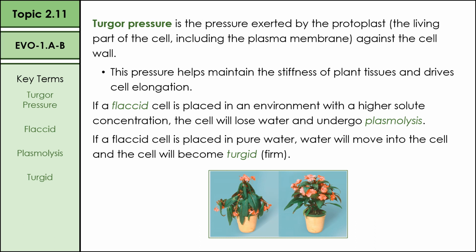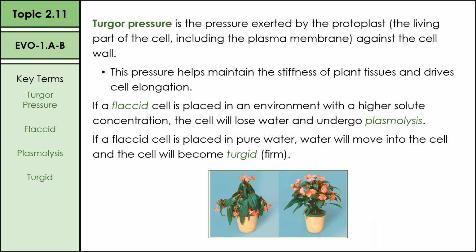Turgor pressure is exerted by the protoplast, so the living part of the cell, the cytoplasm, the vacuole that contains all of this water, and then this plasma membrane on the outside. And it is either going to recede from the cell wall or push against the cell wall. And this helps to keep stiffness in our plant tissues.